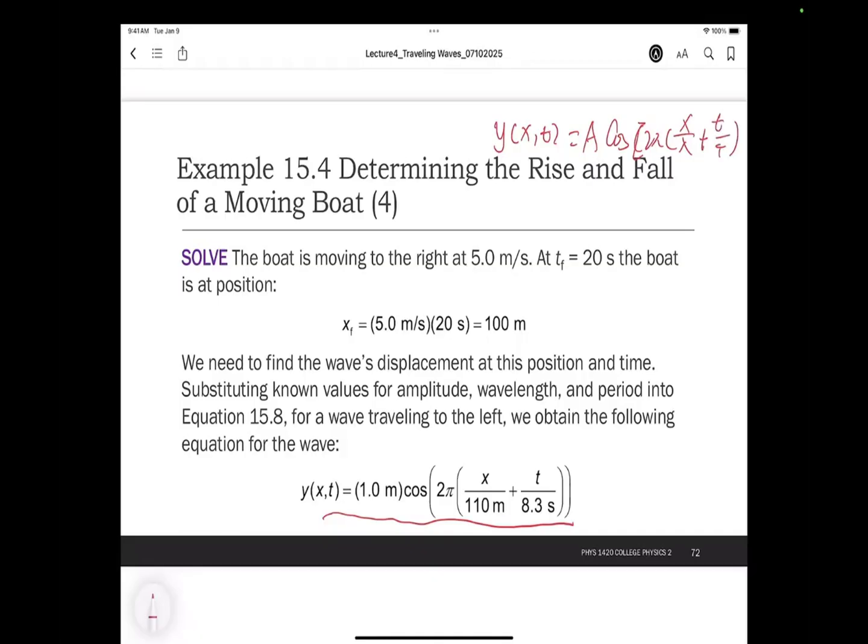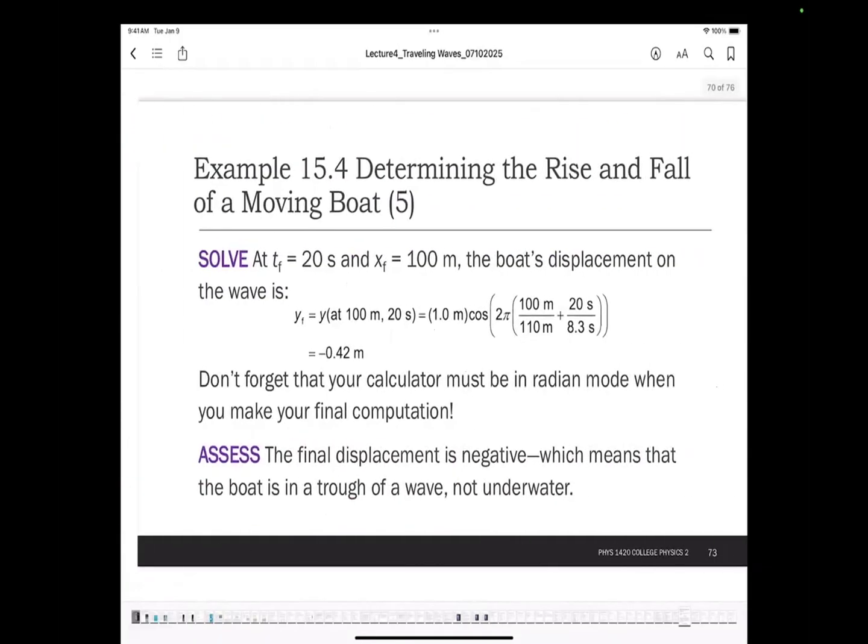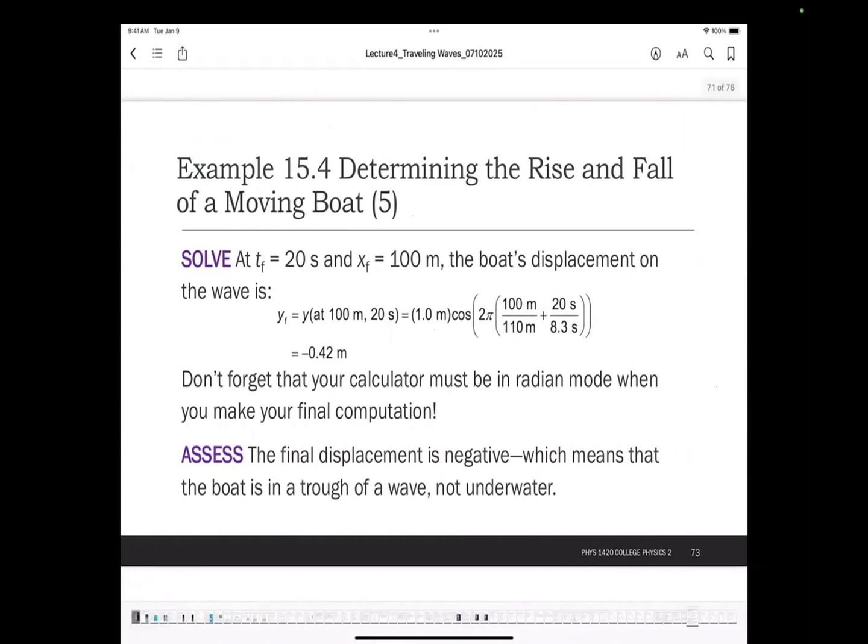So we just put everything in this equation at t equal 20 seconds and x equal 100 to get the boat's displacement on this wave. We replace x and t here, and 2 pi we know, and then we get the boat's displacement.